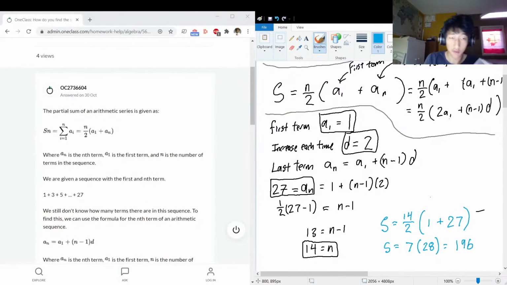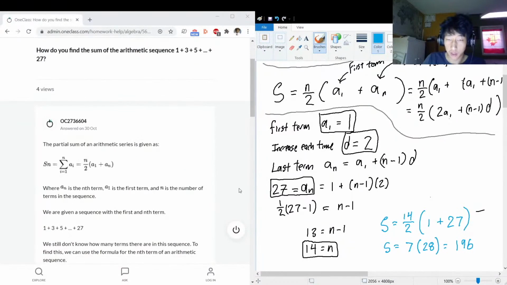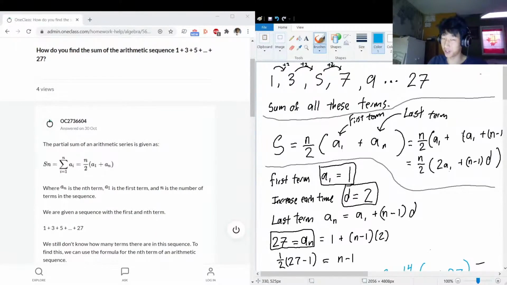So the sum of the sequence 1, 3, 5, 7, all the way up to 27, counting by 2, is 196. I am pretty confident that's the case. You can check it yourself by adding them all up, 1 plus 3 plus 5 plus 7 plus 9, and you would come to the same result. But use the equation. It's a lot easier.